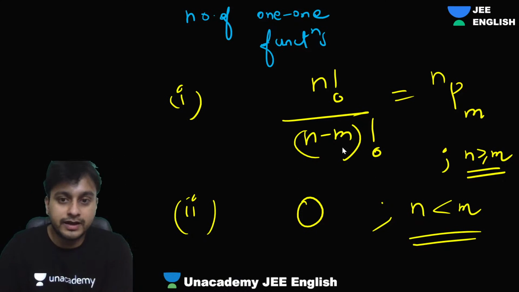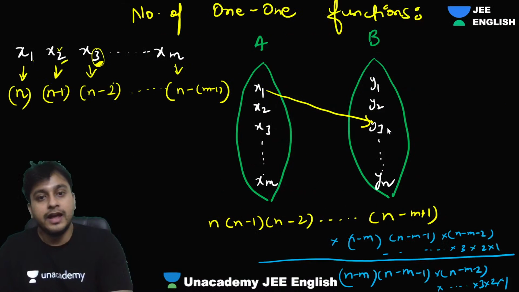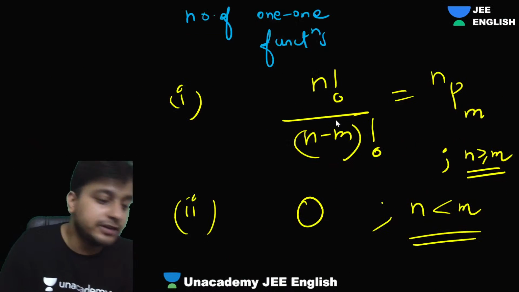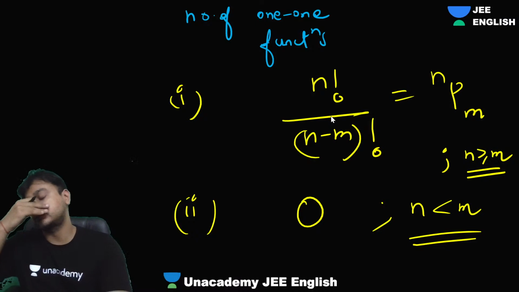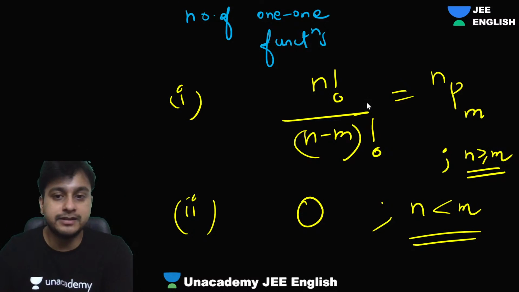Okay, guys. So this was what we had. We did the vertical line and horizontal line test. We discussed the number of one-one functions, and we have derived many things. Now, one last but not the least, one more interesting method.